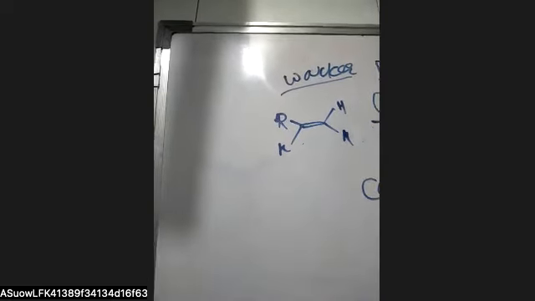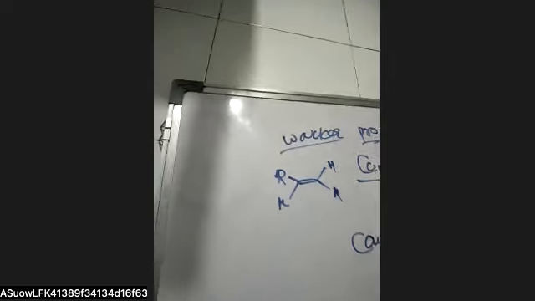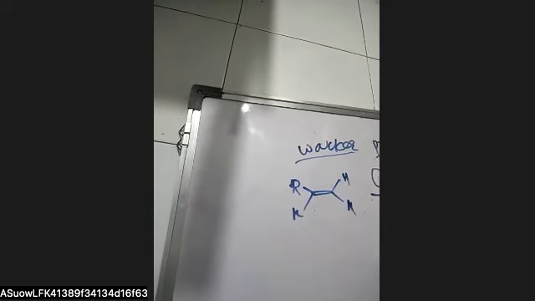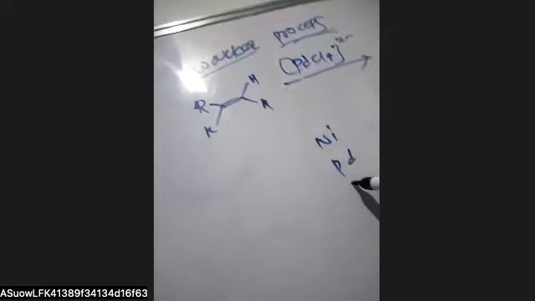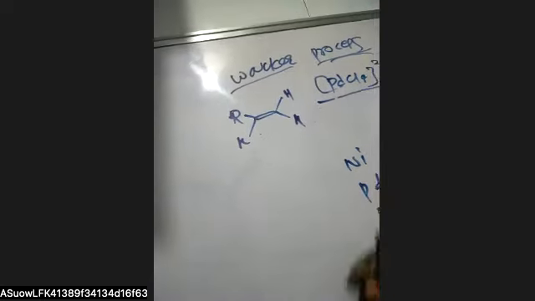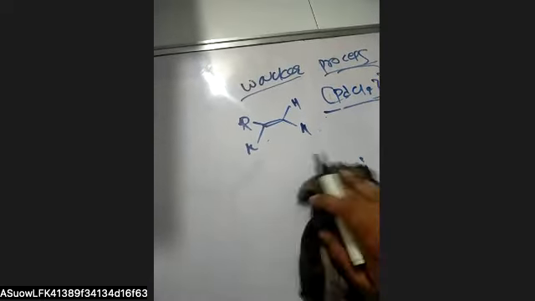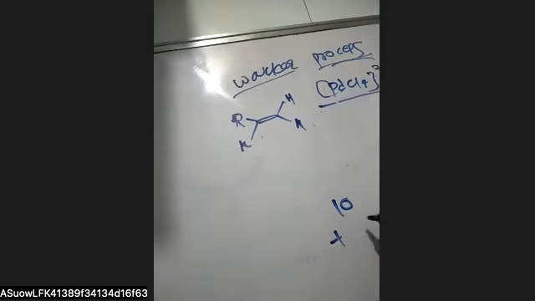So here it is basically the Pd. Here it is not CO. So here we are having 10 electrons from Pd, 4 electrons from here, and 2 electrons, so it is basically the 16 electron complex. So here what happened? PdCl4 basically.